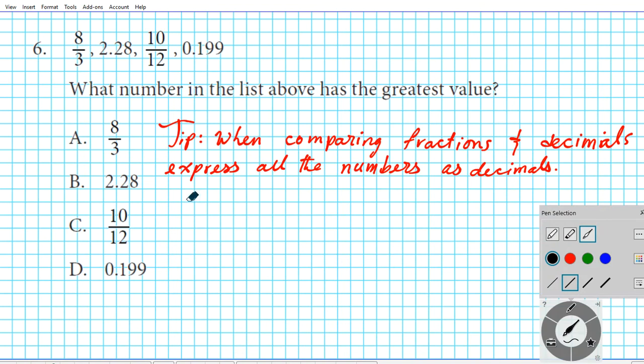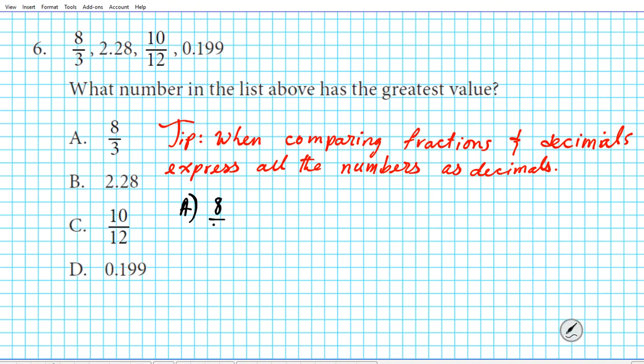Alright, so let's start with the first one. The first one is 8 thirds. Is that the biggest one? Let's convert it to decimals first, since it's a fraction. How do we convert fractions into decimals? We simply use long division. Let's put up our long division bar and consider this as the doghouse.